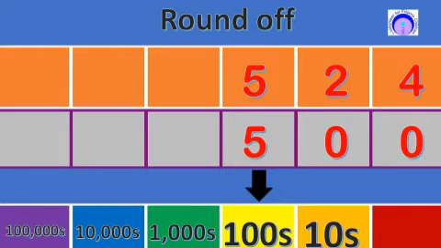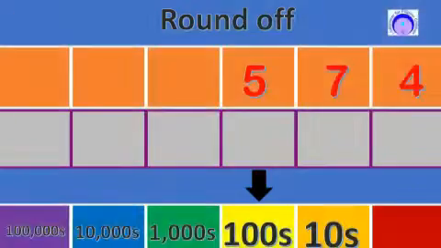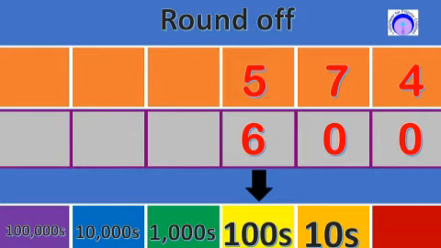The rounded number is. Round off this number to the nearest place value indicated by the arrow. The rounded number is.